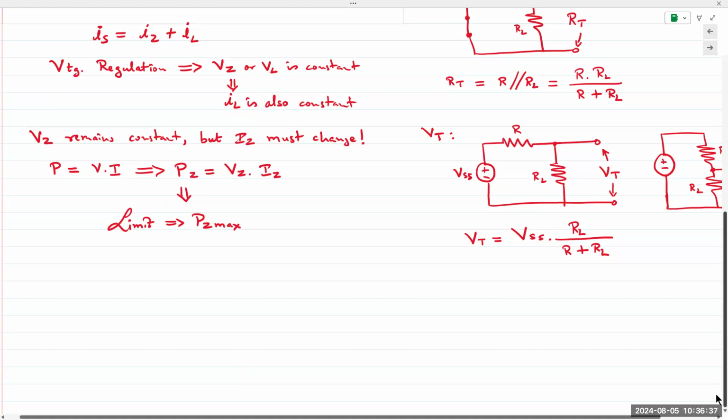So does that make sense? The steps that I've outlined so far? Okay.